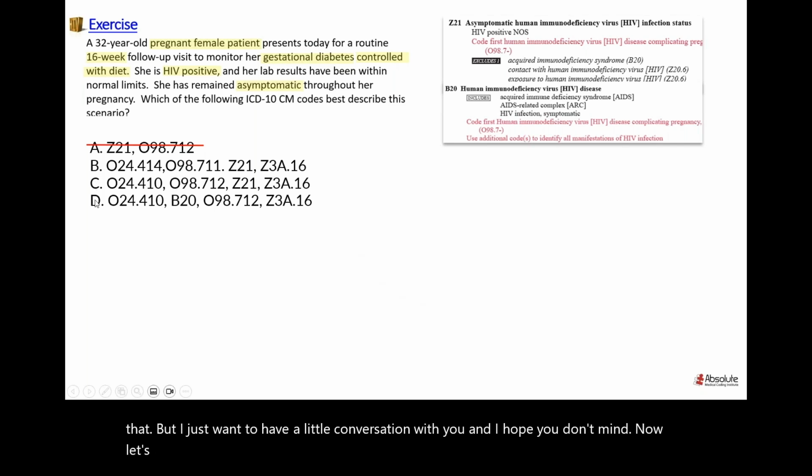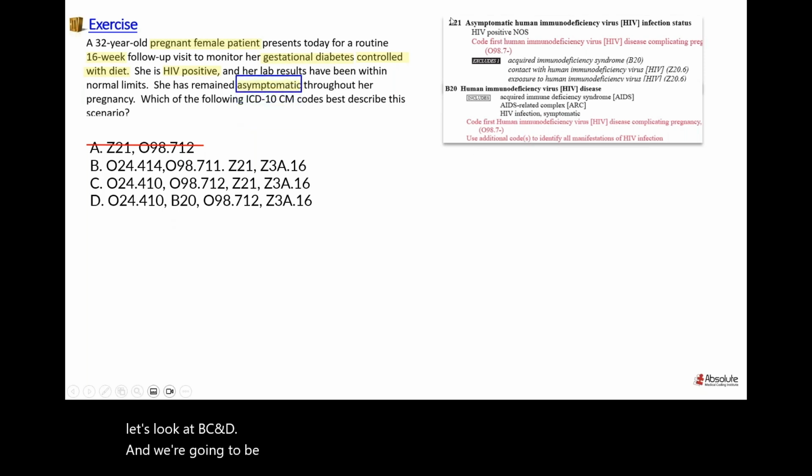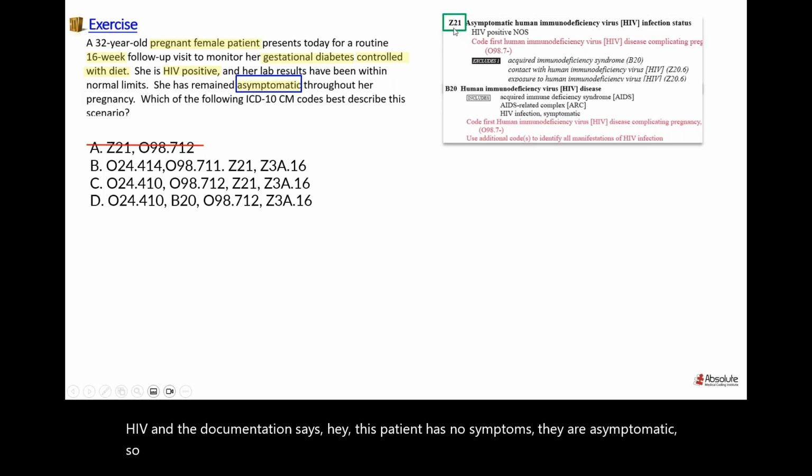Now let's look at B, C, and D. And we're going to begin with our HIV. The documentation says, hey, this patient has no symptoms. They are asymptomatic. So the asymptomatic code is Z21, right?